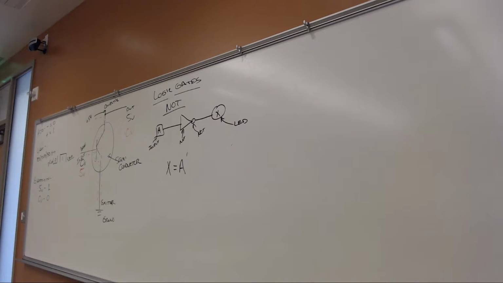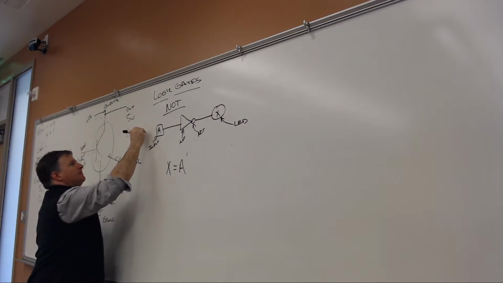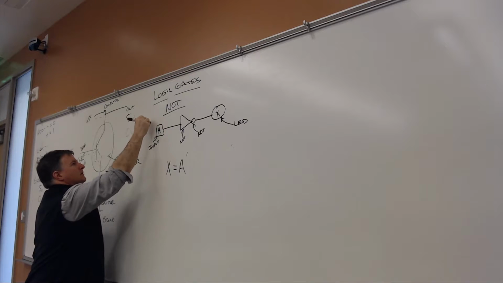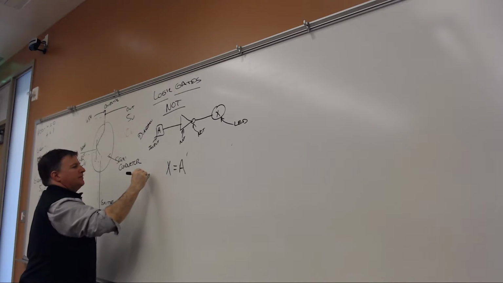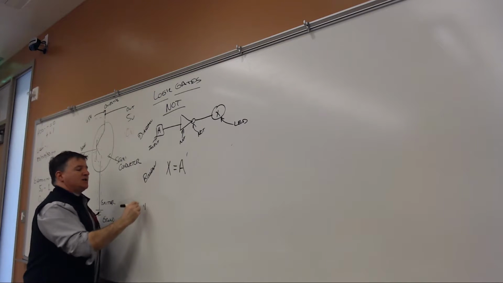You can use bar notation. I don't have any problem with that. You've had that before? So two different ways to represent the not, the little apostrophe after it or a bar over it. So this reads X equals A not. That's how the Boolean reads this. So diagram, Boolean. It's the Boolean equation. And the last thing is the truth table.